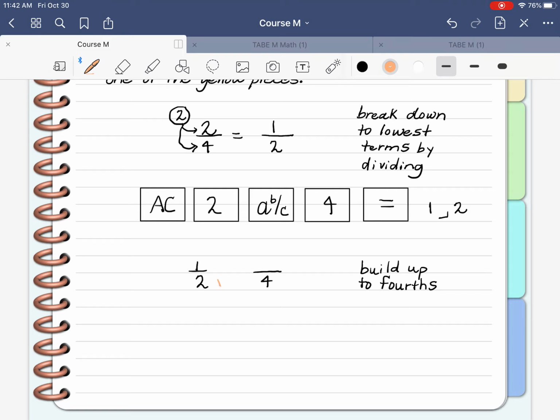I know that 2 times 2 makes that 4. So I have to multiply the top by that same 2. 1 times 2 makes 2. So 1/2 equals 2/4. Your calculator will not do that one for you, other than if you need it to multiply 1 times 2, it would do that. But there are no keystrokes that I can show you that will make that happen, unfortunately.